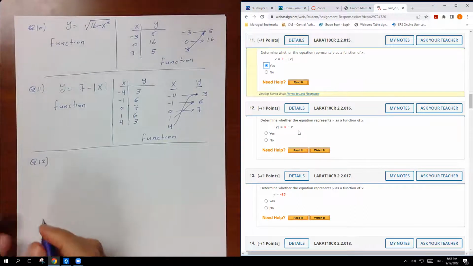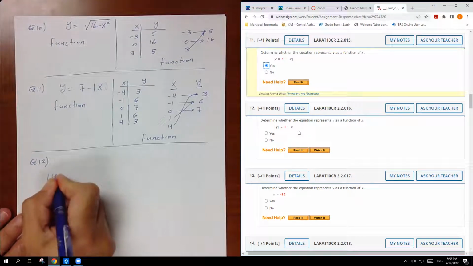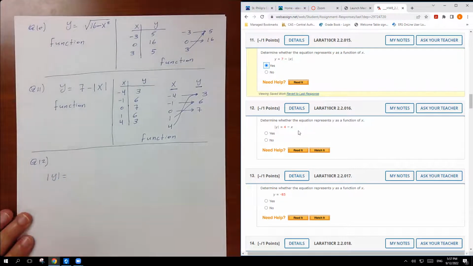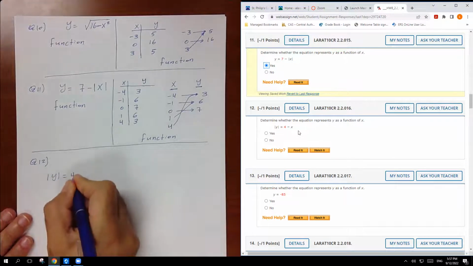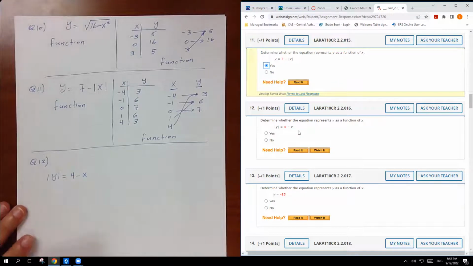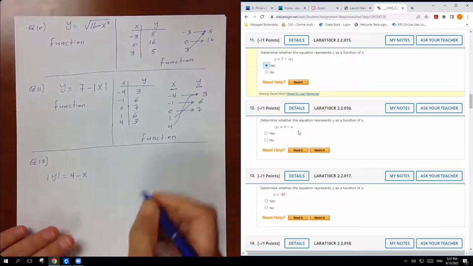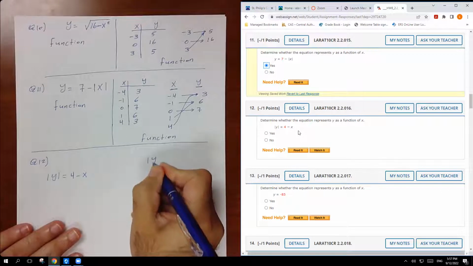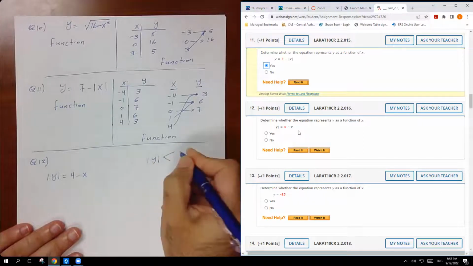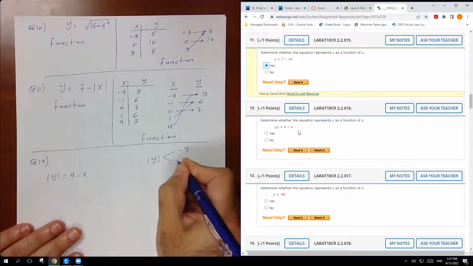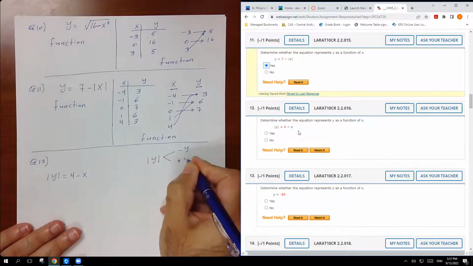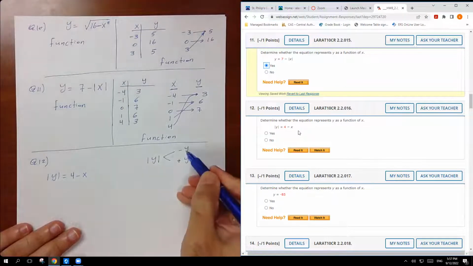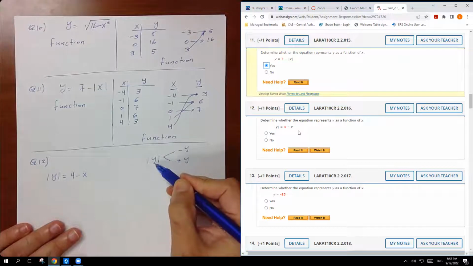This example says the absolute value of y equals 4 minus x. Now, we already know that for the absolute value of any number, we can plug in a negative or a positive one. If you plug in the negative number here, the result is going to be positive.